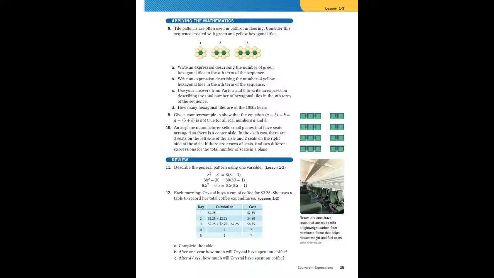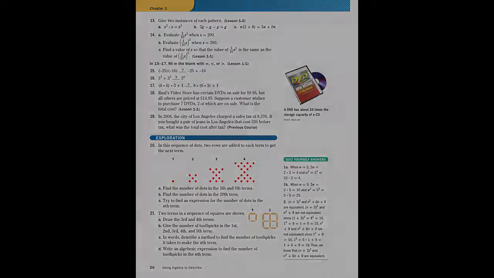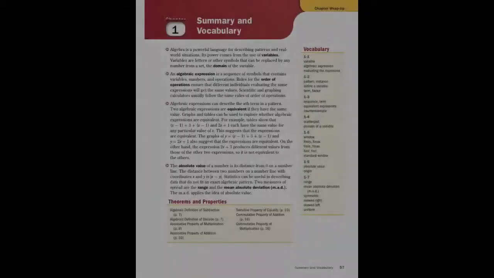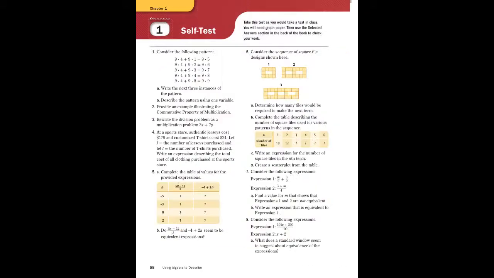Now, before we get into that discussion, I did want to talk a little bit about another aspect of this book. You're going to find at the end of this is a summary and vocabulary section, which kind of describes what's going on in the chapter, the vocabulary for each one. Then there's a self-test. This is an end of chapter review to find out what you know or don't know. Take it like a test.